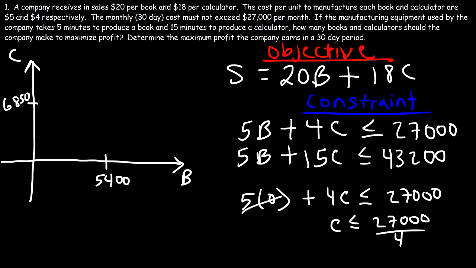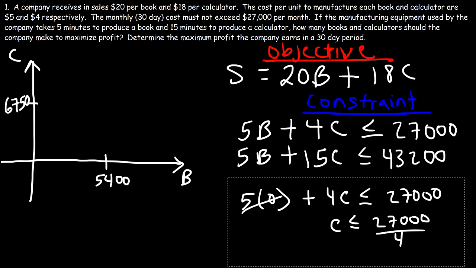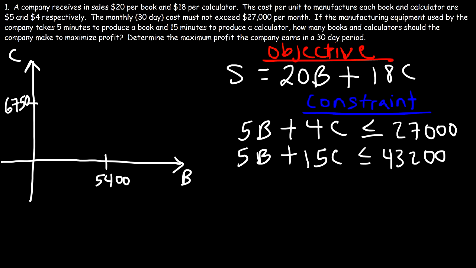I wrote that wrong. Let me do that again. 6,750. Now let's move on to the second equation. So we can draw a straight line between those 2 points.